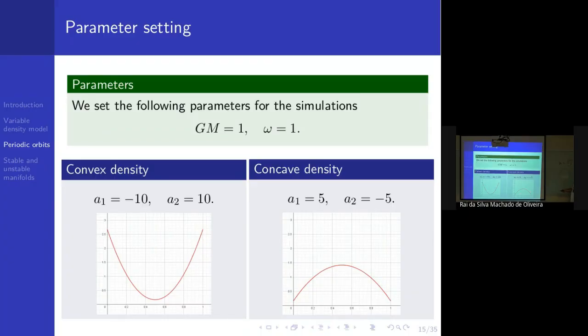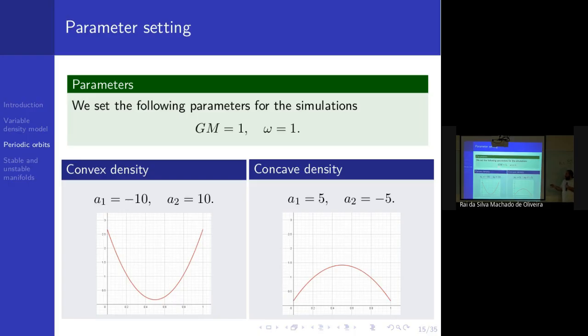In both cases, we are going to take the gravitational constant times the mass equal to 1, and the angular velocity of the asteroid also as 1. This makes the triangular equilibrium points always unstable. That's why we have chosen those values.